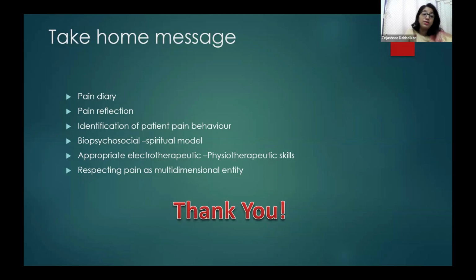And very important is respecting pain as a multidimensional entity and not labeling your patient as a psychiatric patient who doesn't know exactly how to report pain. The patient really doesn't know how to report it because it is a complex phenomenon for them. And we have to respect pain as a very important multidimensional entity.